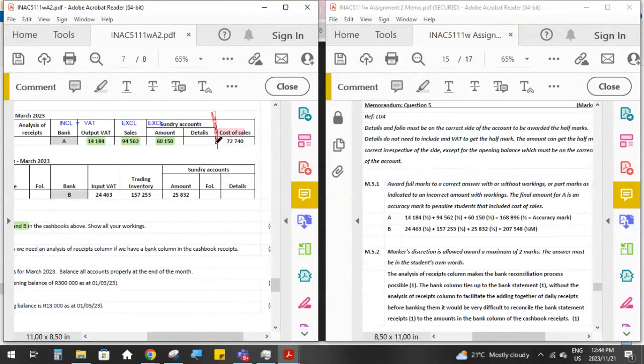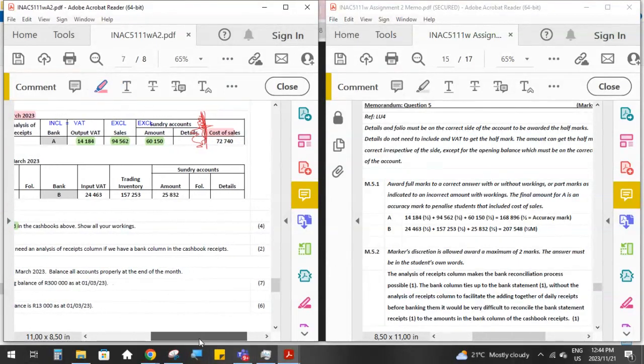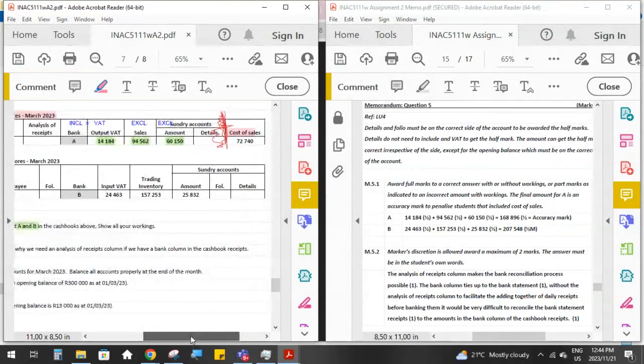In your textbooks, there's a space between the cost of sales column and whatever was in the columns to the left of the cost of sales column. They deliberately put it like this to check that you guys are paying attention and that you know cash book receipts, my bank account gets the debit. My VAT will get a credit.